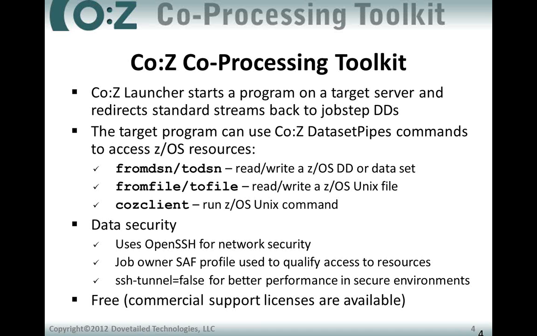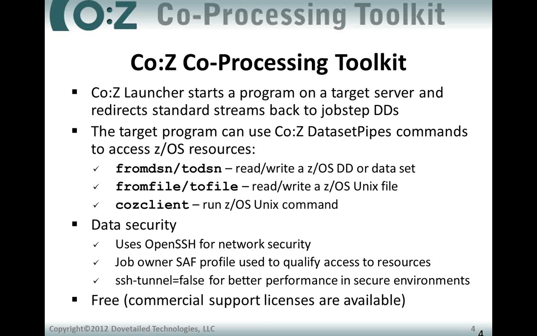Once the program has been established and these streams have been redirected and the target program starts to run, it can use COSI dataset pipes commands to access z/OS resources for its execution, namely from DSN and to DSN to read and write z/OS datasets, from file and to file to read and write z/OS Unix System Services files, and COSI Client, which is a generalized command that allows the target program to reach back into z/OS, run a z/OS Unix command, and then process its output on the remote system.